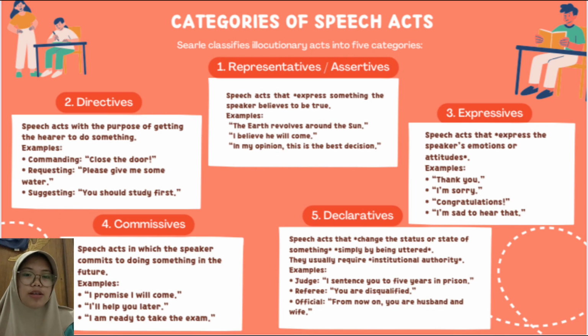For example, the sentence, the earth revolves around the sun. That's a fact, people believe that. The second example is, I believe he will come. And the third is, in my opinion this is the best decision. These are examples we get in daily life.